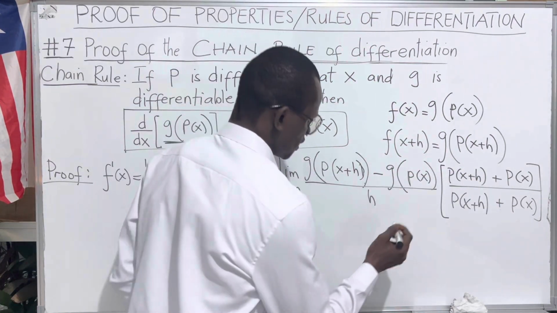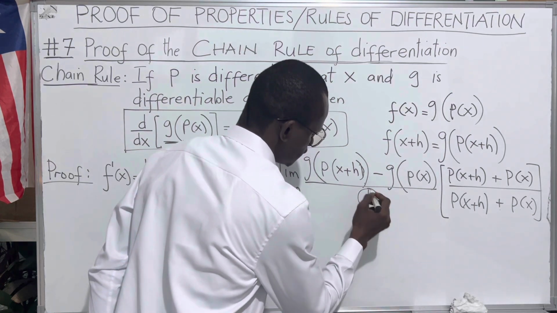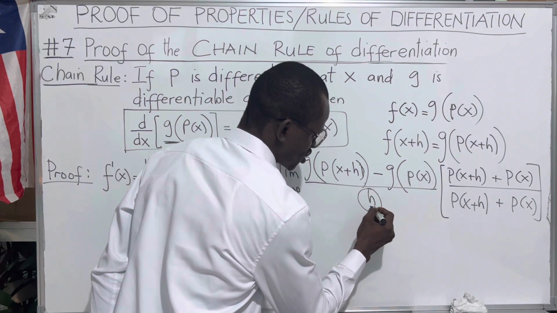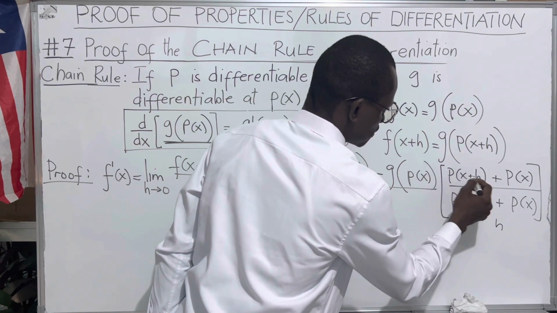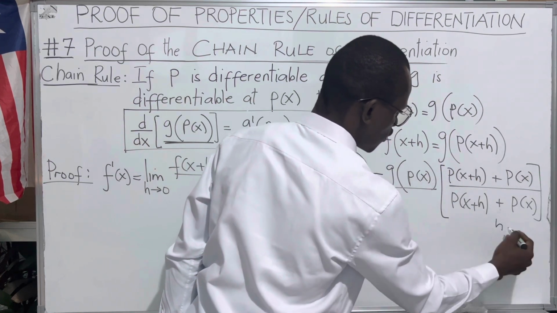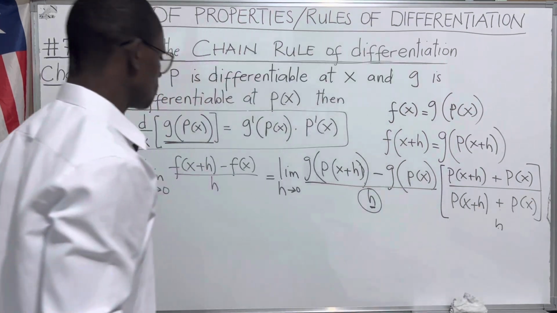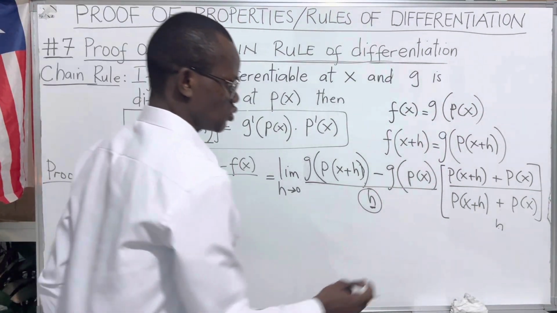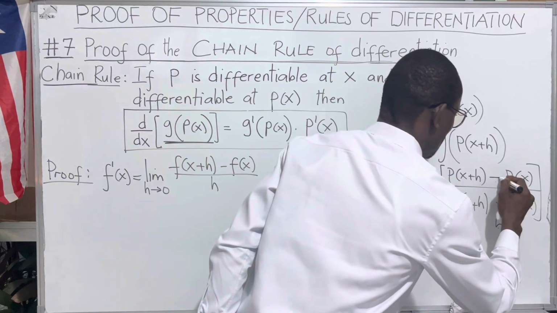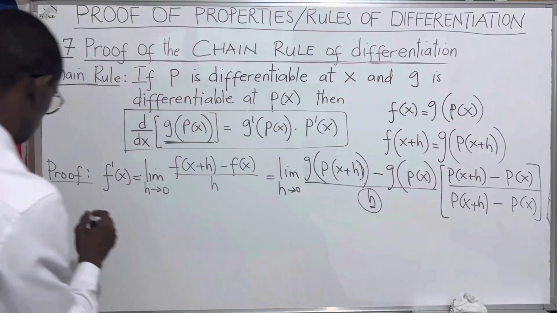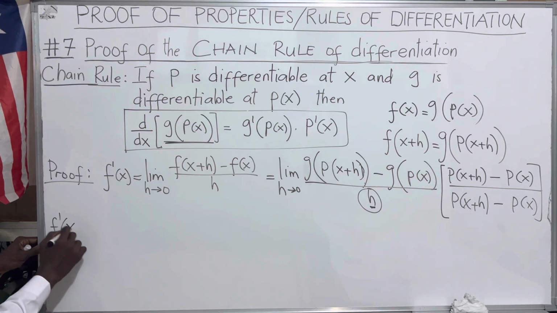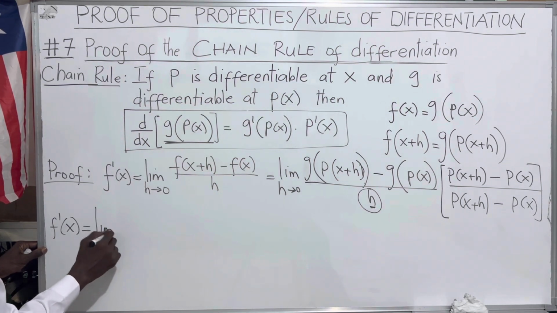So just in case we want to make this h the denominator of this expression, so you have p of x plus h plus p of x all over h, this would not give you some derivative. So it means that we must use minus and minus. Now, we have f prime of x now equals the limit.